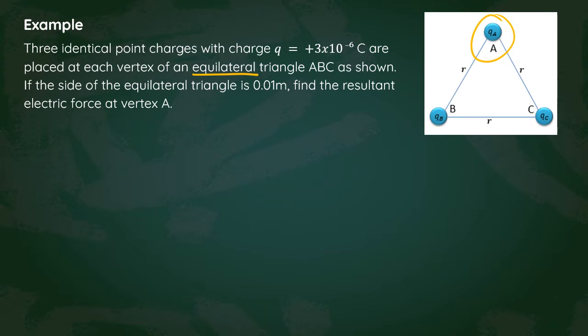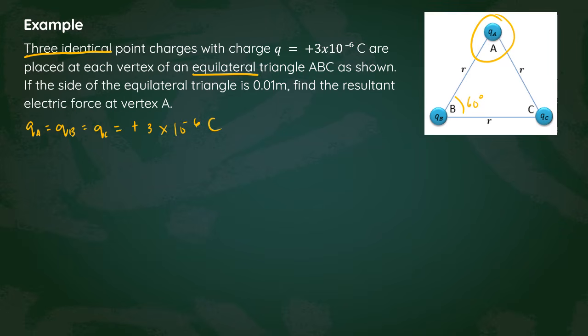And since it is an equilateral triangle, each interior angle will be 60 degrees. So what are our given values? Since they are identical, your QA will be equal to your QB and also equal to your QC, which are all positive 3 times 10 raised to negative 6 coulombs.